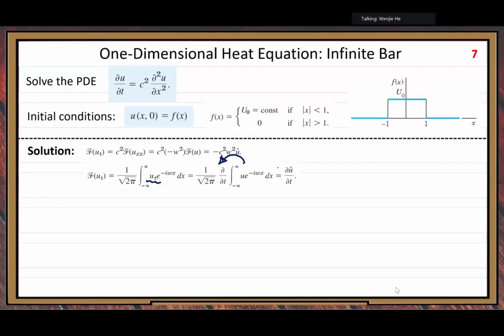Remember, when the function is good enough, we can do that. There are some conditions, but usually we assume our function is good enough to support this interchange operation.